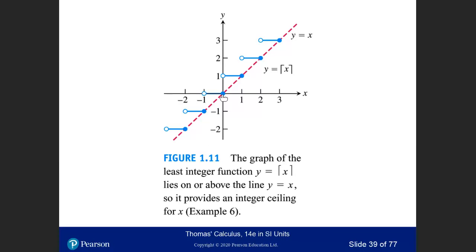Now at 0, you still have 0, but when x is greater than 0 and less than 1, then 1 is the least integer which is greater than x. And now when you move away from 1, between 1 and 2, 2 is the least integer greater than x, and that's how you draw the graph of the least integer function. This is called the integer ceiling function.